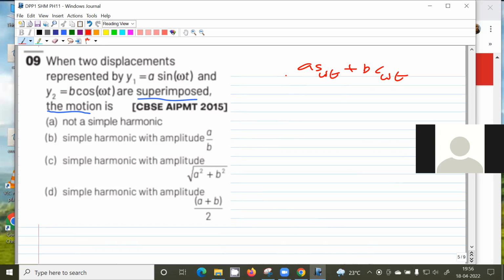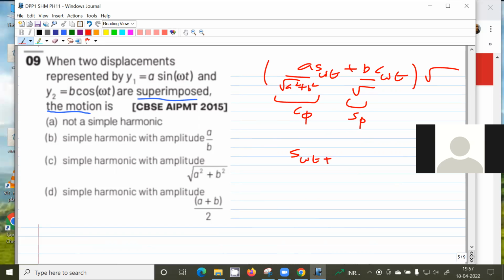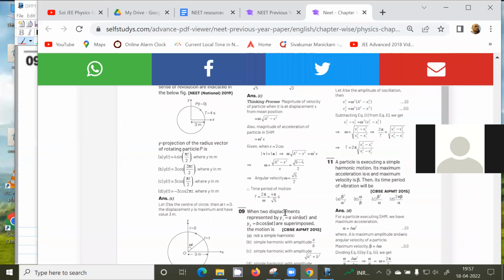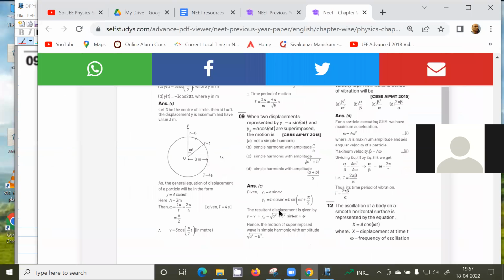The standard technique is to divide by square root of a square plus b square and multiply by the same. Then this can be written as cos phi, and this will become sine phi. So the full combination is sine of omega t plus phi. So this is an SHM, and the amplitude of the system is square root of a square plus b square. Is it clear? Yes, sir. It is already done in theory. 9C.